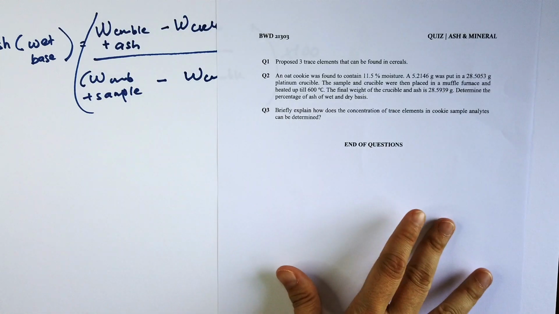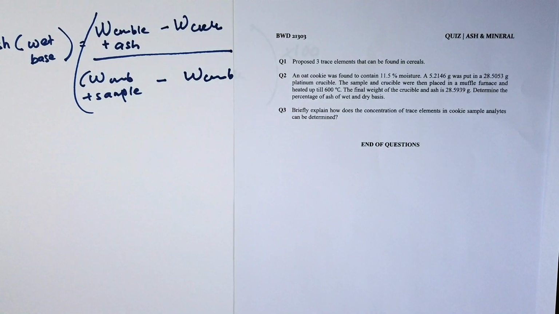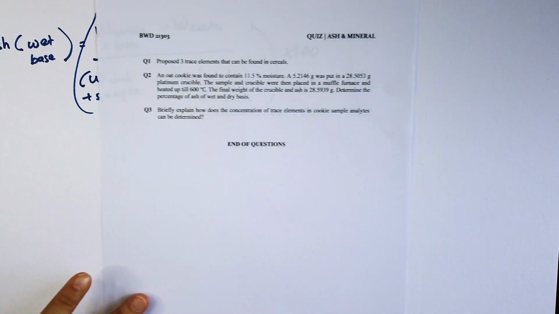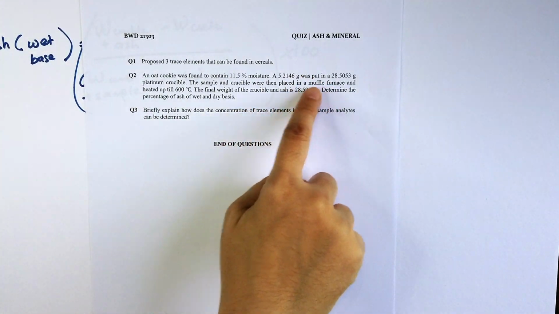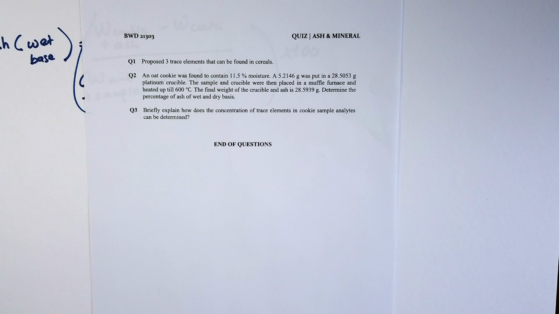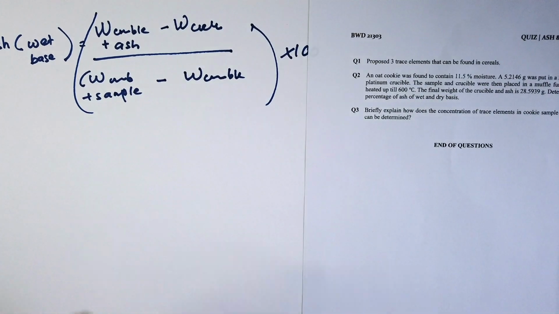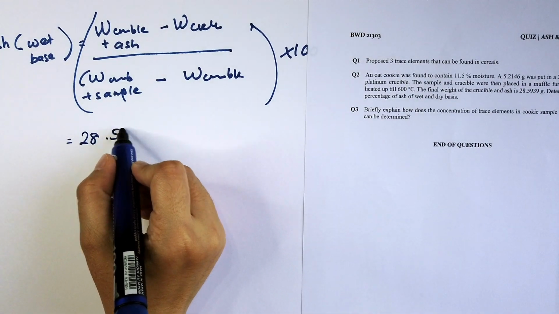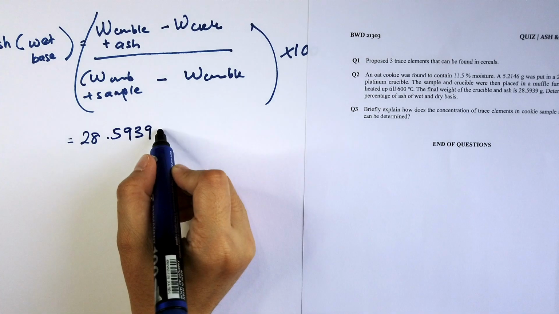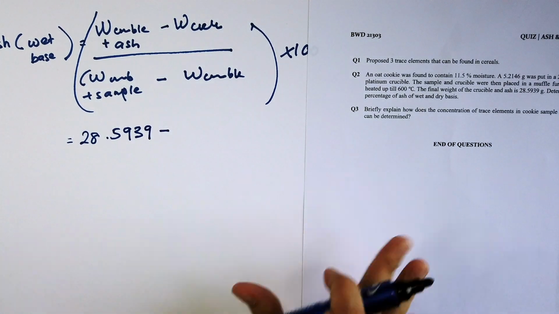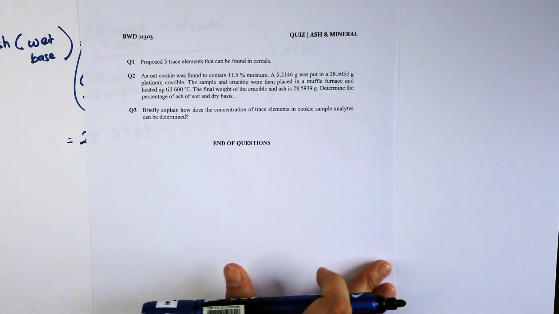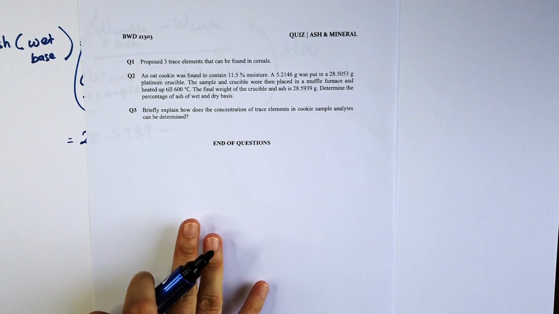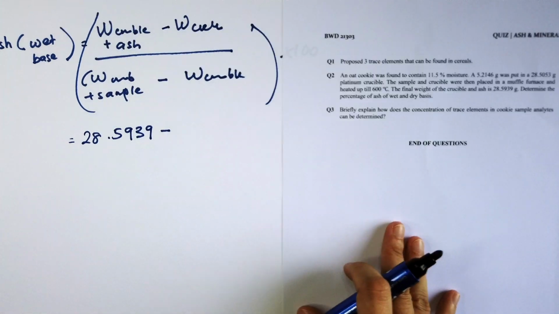What is the weight of the crucible and ash? The final weight of the crucible and ash is 28.5939. So weight of crucible plus ash is equivalent to 28.5939, minus the weight of the crucible. The weight of crucible is 28.5053.